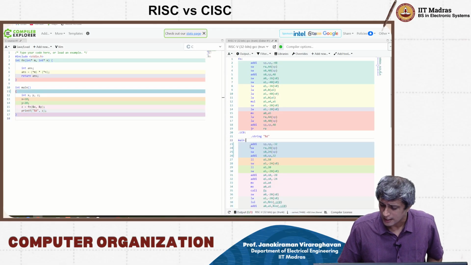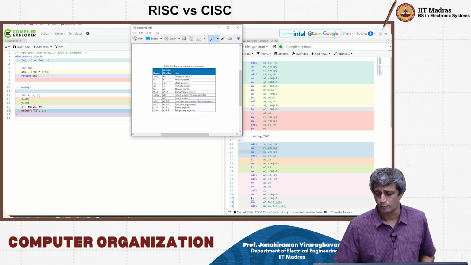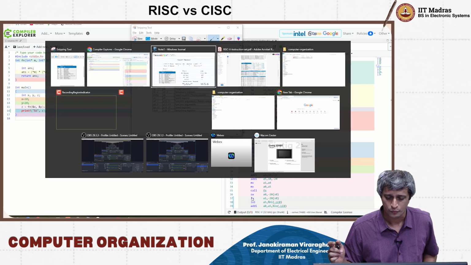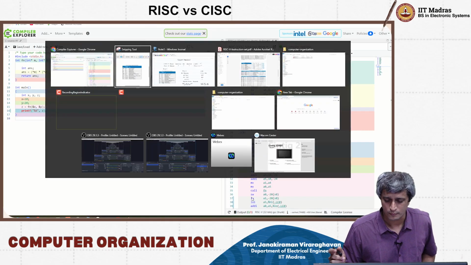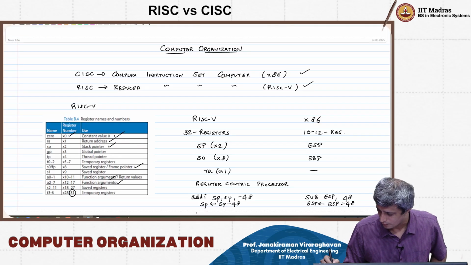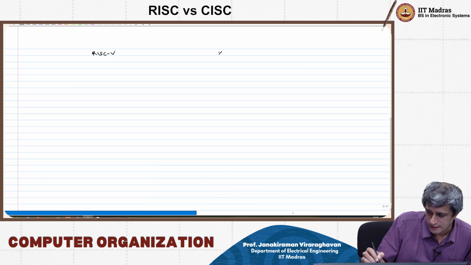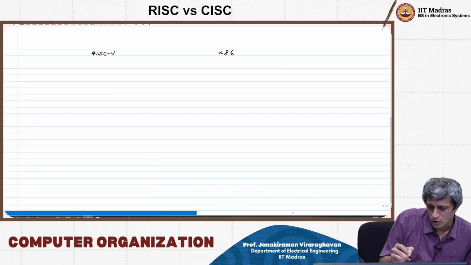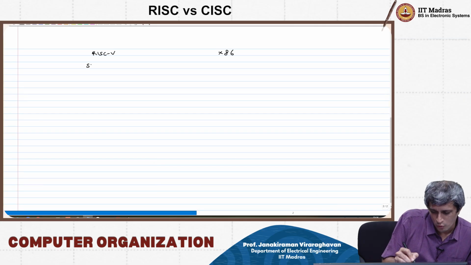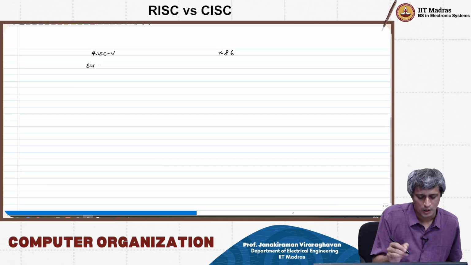After that there are 2 other instructions, which are very important: SW and LW. We'll come back to this.